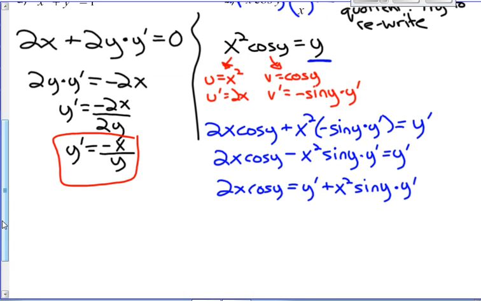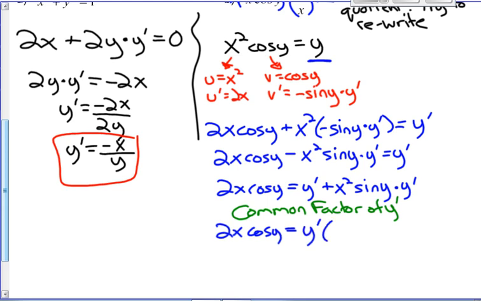times y prime. And then, notice there's a common factor of y prime. That's how we get the y prime on its own. So I'll have 2x cos y equals common factor of y prime, leaves us with 1 plus x squared sine y.